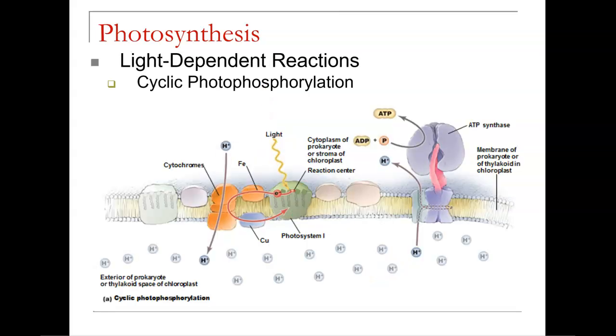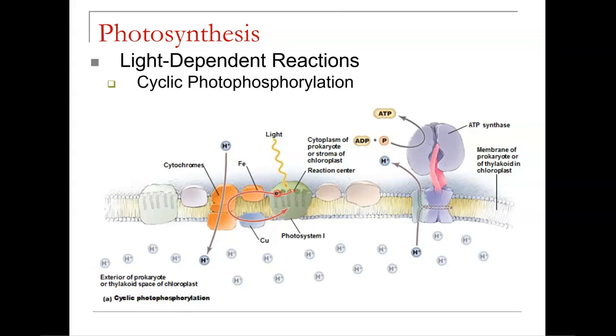Now, non-cyclic photophosphorylation involves photosystem 1 and photosystem 2. Light energy excites the electrons in photosystem 2 first, and then they are passed to photosystem 1. Photosystem 1 further energizes those electrons with additional light energy, and the electrons are then transferred to the electron transport chain, where they are used to reduce NAD plus to NADPH.